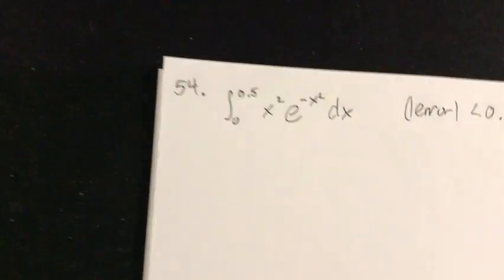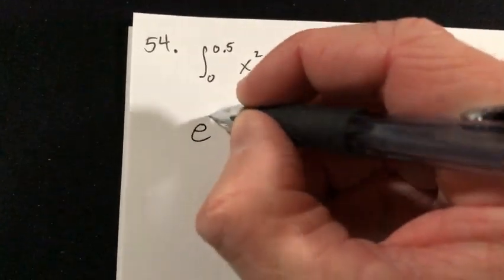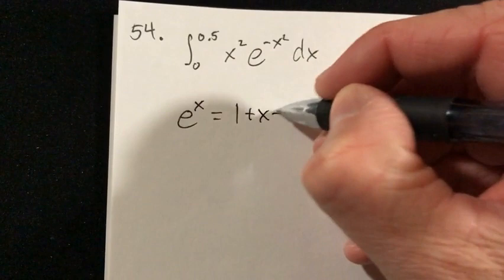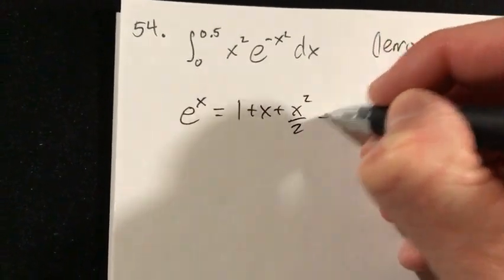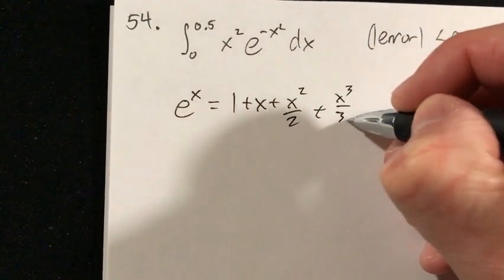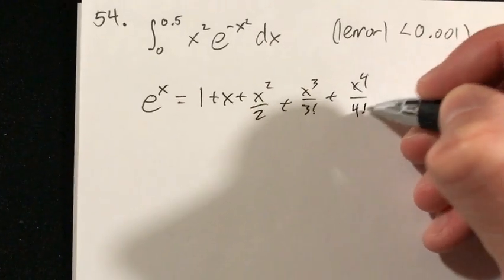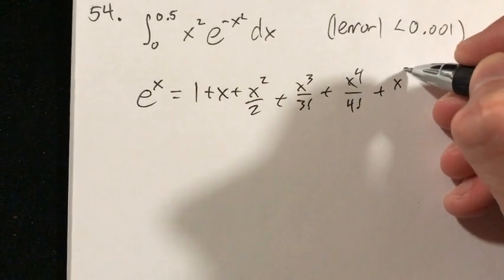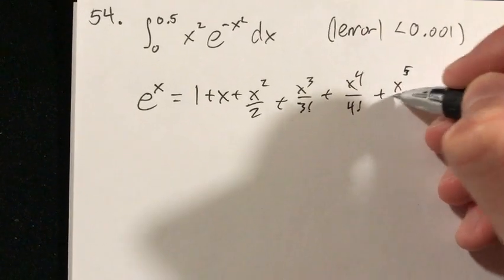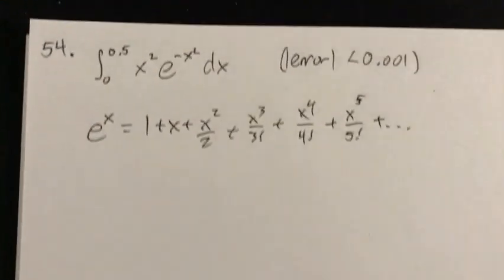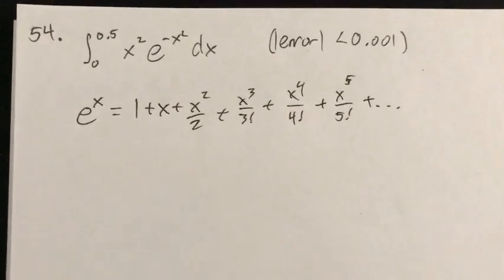The only one that I really think makes sense is e to the x, which is 1 plus x plus x squared over 2 plus x cubed over 3 factorial plus x to the fourth over 4 factorial. And I'm not sure how many terms it's going to take before we have our answer, so I'll go with ellipses at that point and we'll see where this takes us.